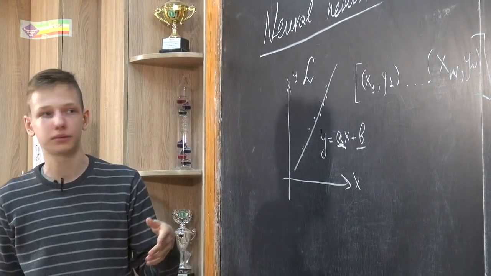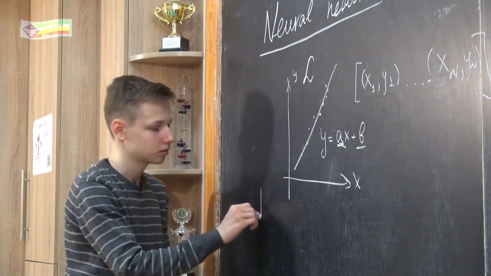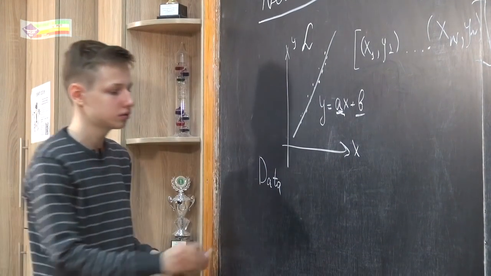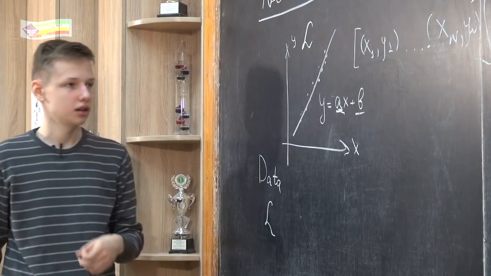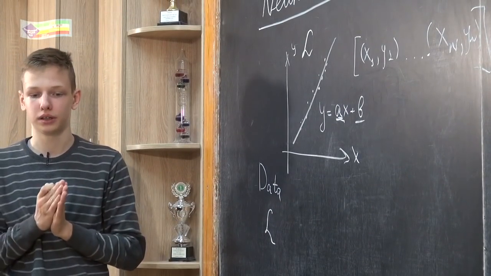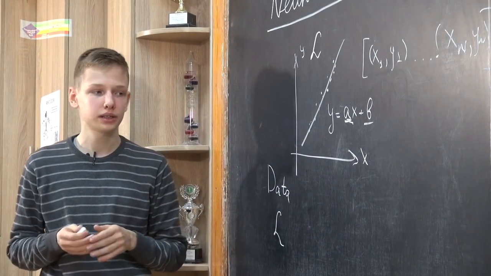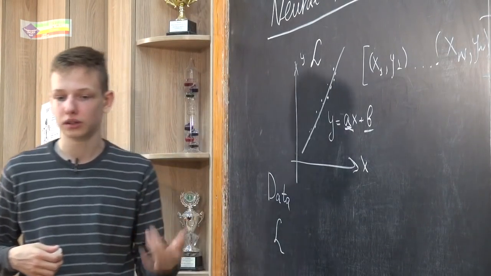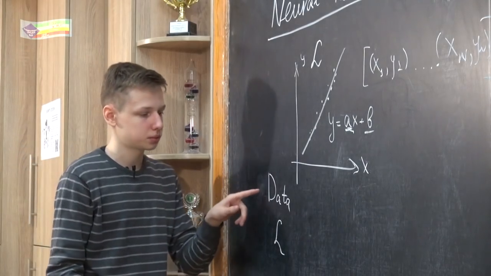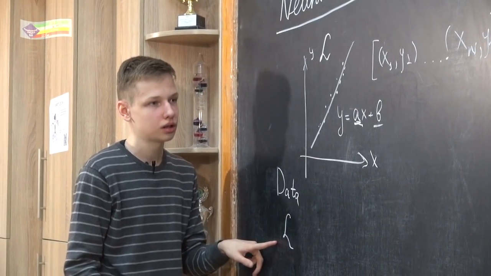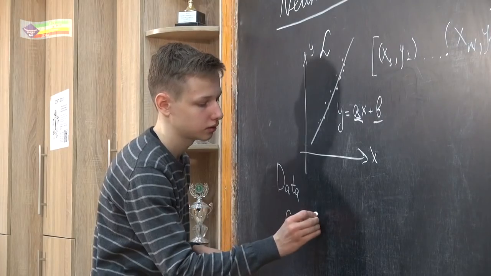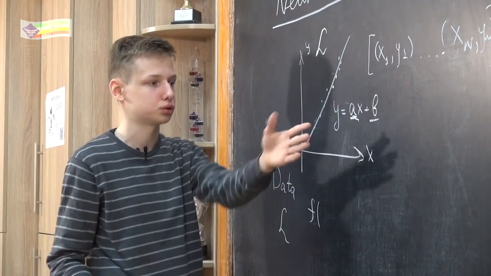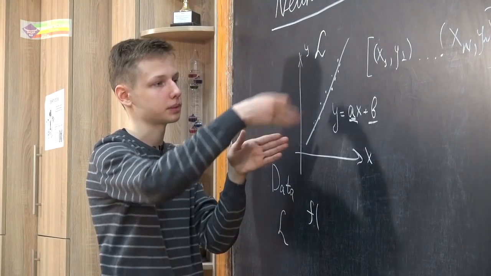So basically, after we have some data, we define a loss function, which can be defined in different ways, but we will talk about mean square error, which is the most common and the easiest one. And after we've defined our data and loss function, we have some parameters in the function we want to optimize to get the best fit line.